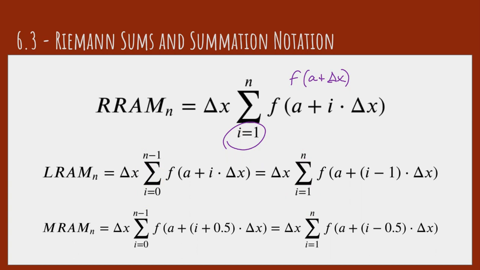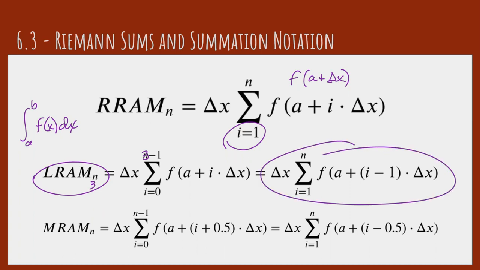Okay, so again, some general formulas here that we can use for our Riemann sums. And what we can do is say, okay, if we want to use 3 rectangles with LRAM, we can just plug 3 in for n in the formula here. Remember, a in the integral is the lower limit. b is the upper limit.